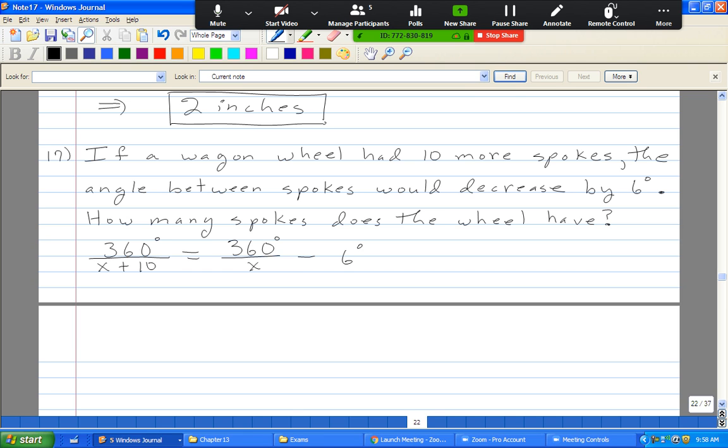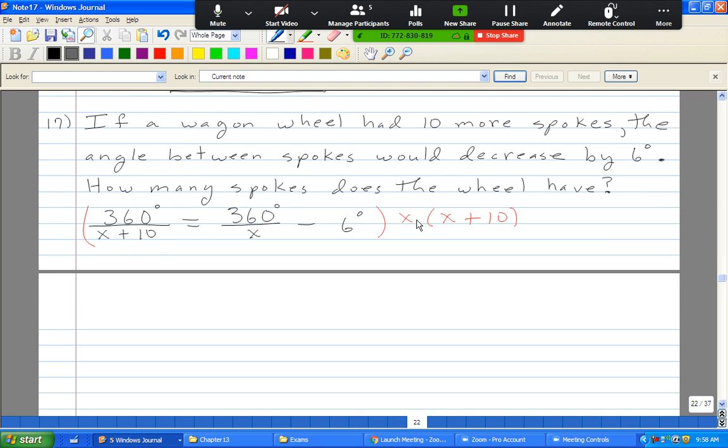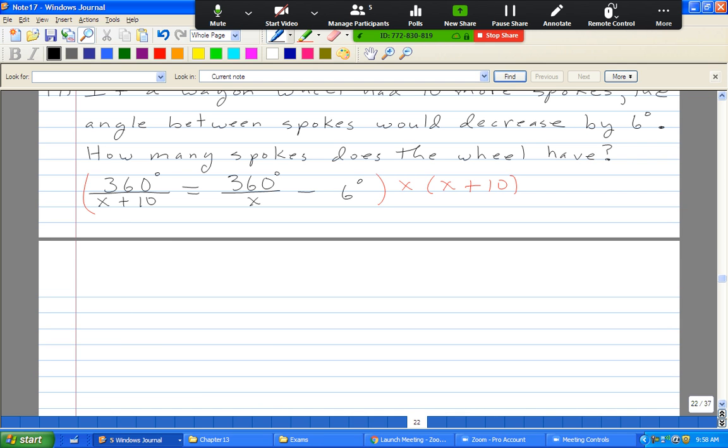Okay. And so let's solve that. So how many spokes, x, does the wheel have? Let's multiply by the least common denominator, x times x plus 10. The x plus 10s cancel, and let me get rid of the degrees just to make it look nicer when I solve this.